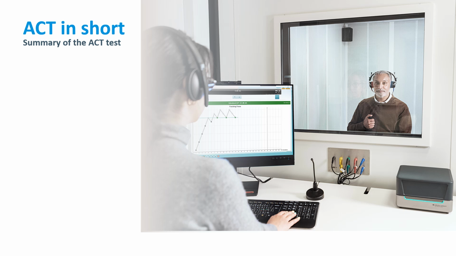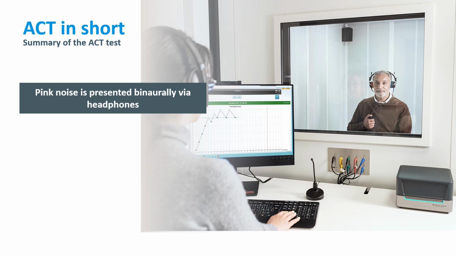So here's a quick summary of how the ACT test is performed. During the test, pink noise is presented binaurally via headphones as the constant background noise. The sound level of the pink noise is based on the client's hearing loss.